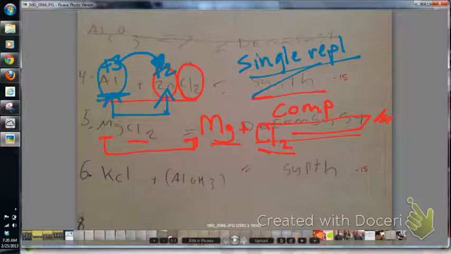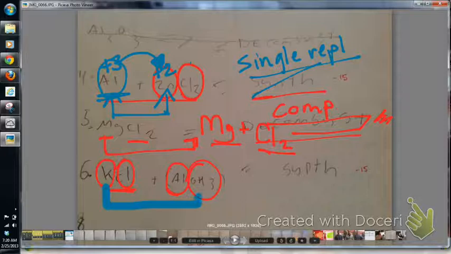The last one here I also want to go over was potassium chloride, which of course is two things, and your aluminum hydroxide, which again is two things. So anytime you have two things and two things, you are looking at putting your positive with your negative, and that means you're not substituting only one thing, but you're substituting two, which would make it a double replacement reaction.